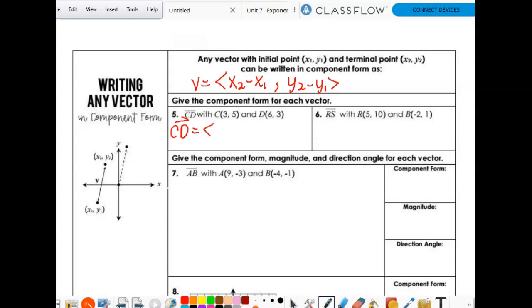Which one of these is x2, the C or the D? The D, because the D is listed second. That's my second point. So I'm going to take 6 minus 3, and then 3 minus 5. So the component form of CD is <3, -2>.